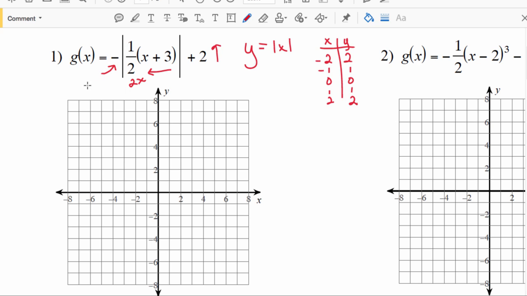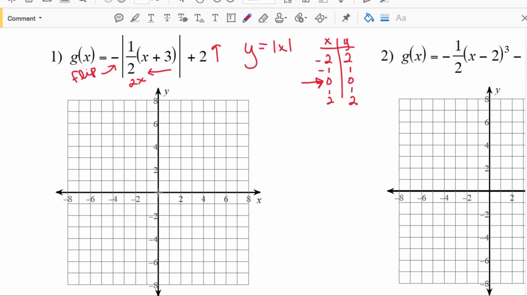And then here we have a negative on the outside of your function, and that is a vertical flip upside down over your x-axis, and it's going to flip over your imaginary x-axis, not necessarily the original x-axis. So let's go ahead and move our origin right here.